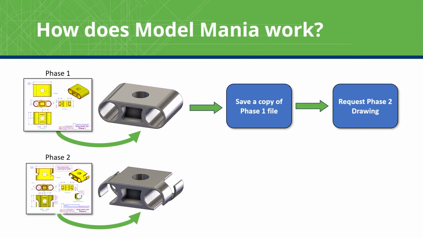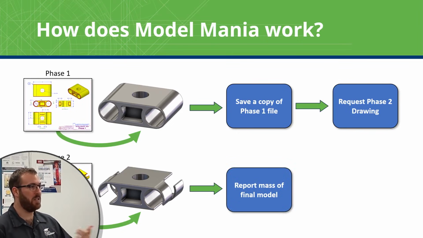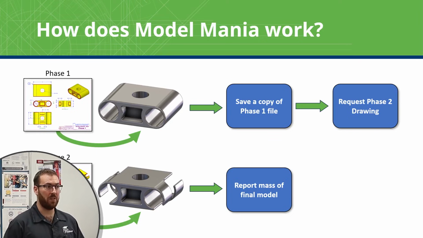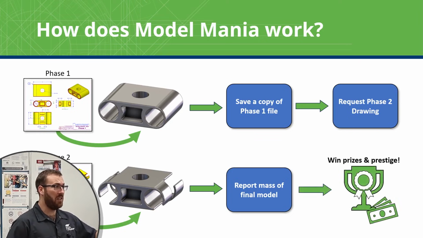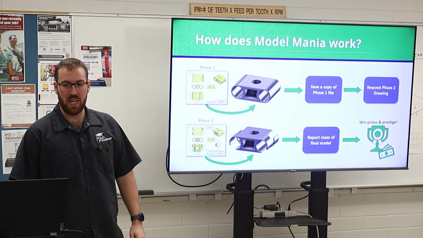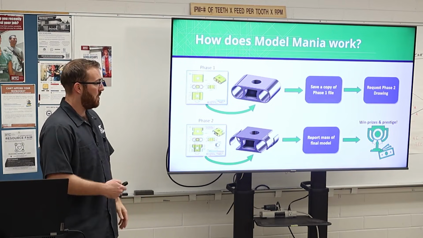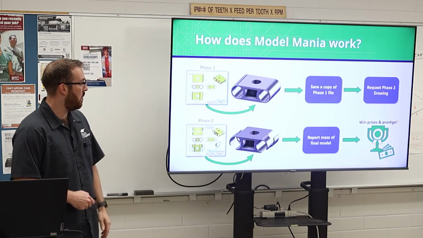You then have to modify your completed phase one model and report the mass of the model. That is your answer. That's how we tell if the answer is correct. And if you are fast enough and you have the correct answer, you can place and win some prizes and prestige. So this is the basics of it, but the details get a little bit more technical.